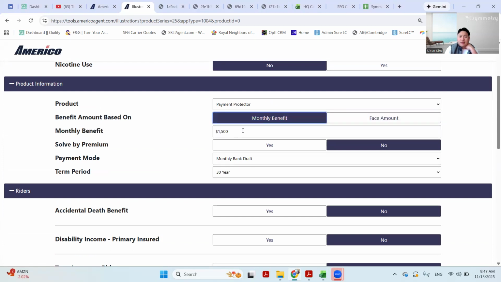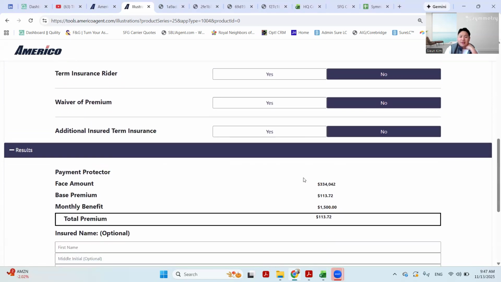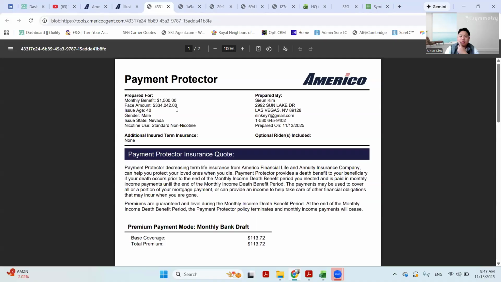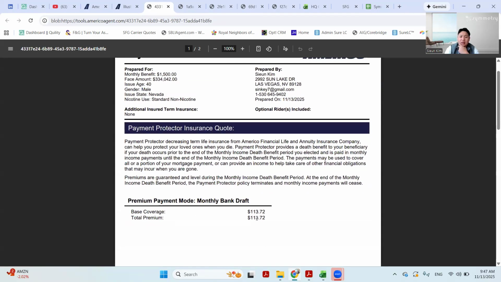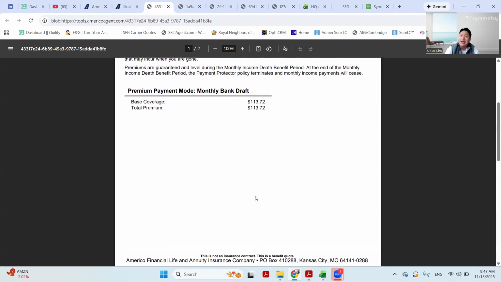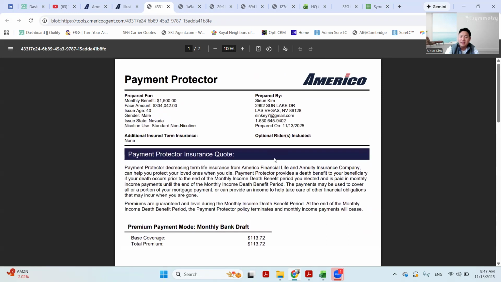So let's just say 1,500, 30 years, and then the death benefit now is showing 334,000. So I usually go with the face amount because that's what they base it on, the total amount to pay it off. Or if they insist on doing the monthly payments getting paid out, then you can also set it up this way. But I typically solve it with face amount.